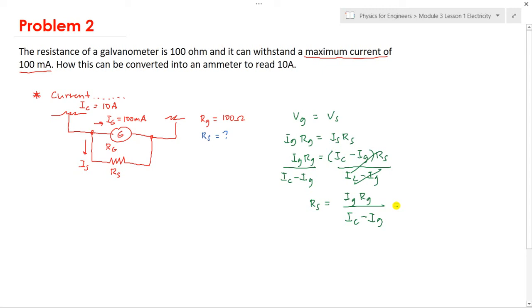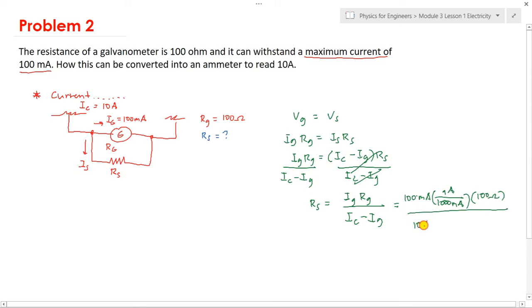So here ang IG, class, is the maximum nga makayanan ni galvanometer, so that is 100 milliamps. So 100 milliamps, we all know 1 amp is 1000 milliamps, multiplied by RG, that is 100 ohms, dividing by IC, that is 10 amps, minus 100 milliamps. 1 amp is equal to 1000 milliamps.